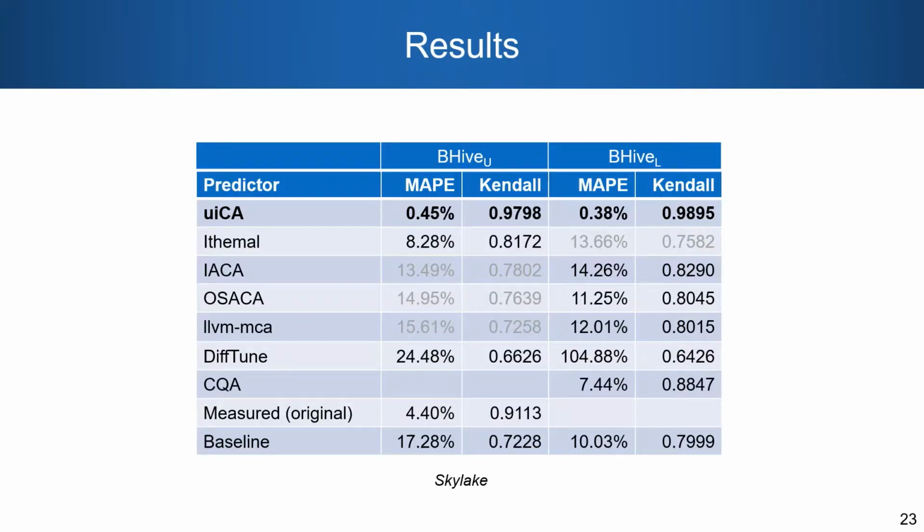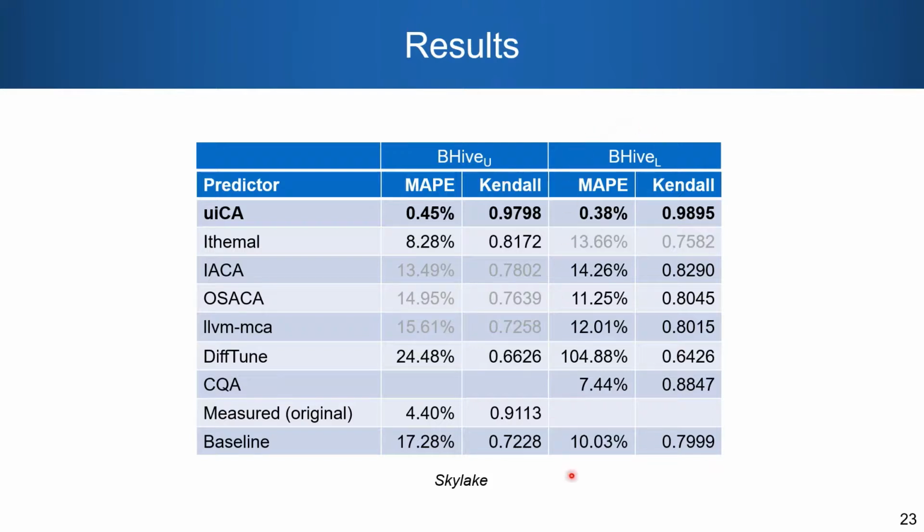Now let's look at some evaluation results. Here we see the results for the Skylake microarchitecture, which is the microarchitecture that is supported by the largest number of previous tools. In our paper, you can also find results for 8 other microarchitectures. In this part of the table, we see the results for BHive U, which is how we call the original BHive benchmarks that do not end with a branch instruction.